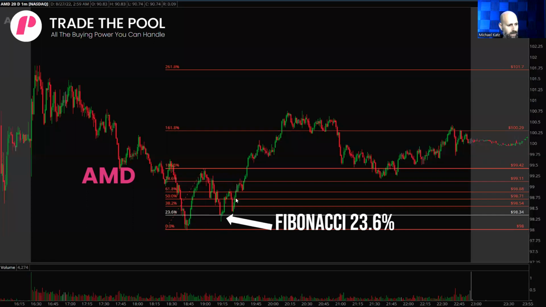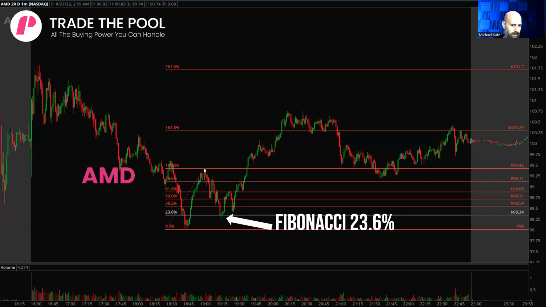Regarding the Fibonacci, what I usually do, it doesn't really matter, it's the same, but I draw it from the top to the bottom just because I want to see what we call the Fibonacci extended, right? You see the 161.8 and the 268.8.